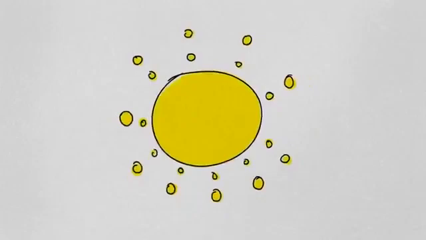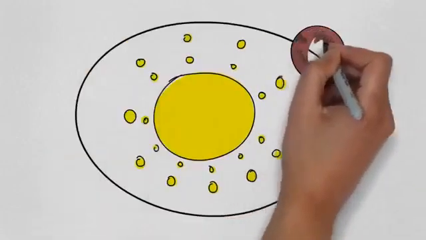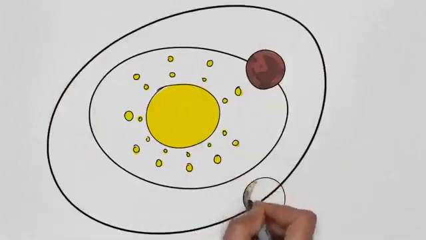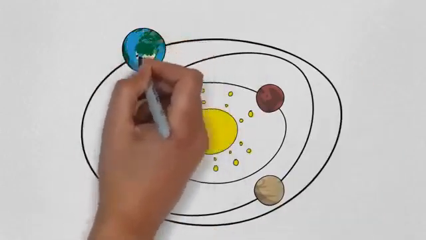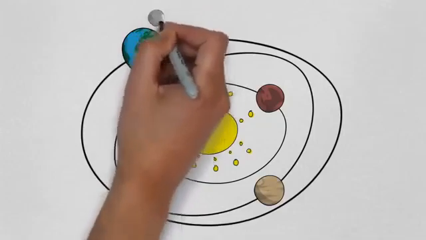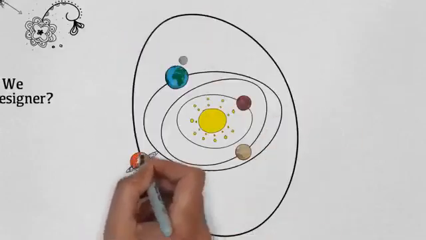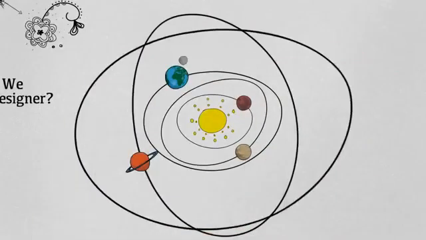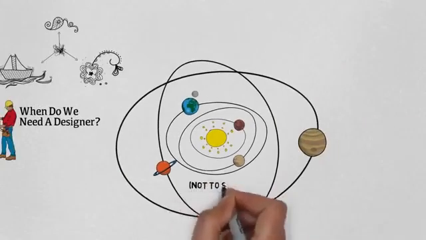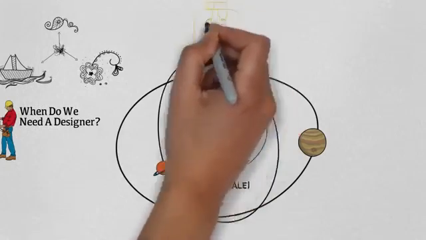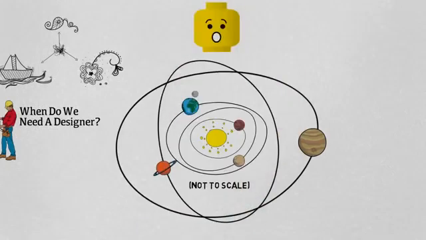For instance, if you shook a box of Lego and the pieces tumbled out in the shape of the solar system, you'd be very surprised. It's just too unlikely for so many separate and disordered pieces of Lego to somehow rearrange themselves into the highly ordered shape of the solar system purely by chance. And needless to say, the real solar system is a lot more complex than a Lego one.